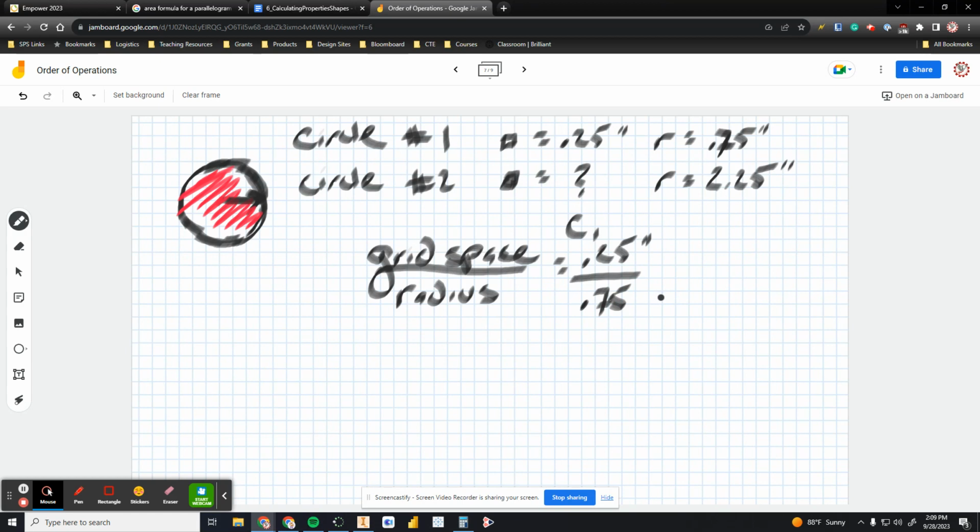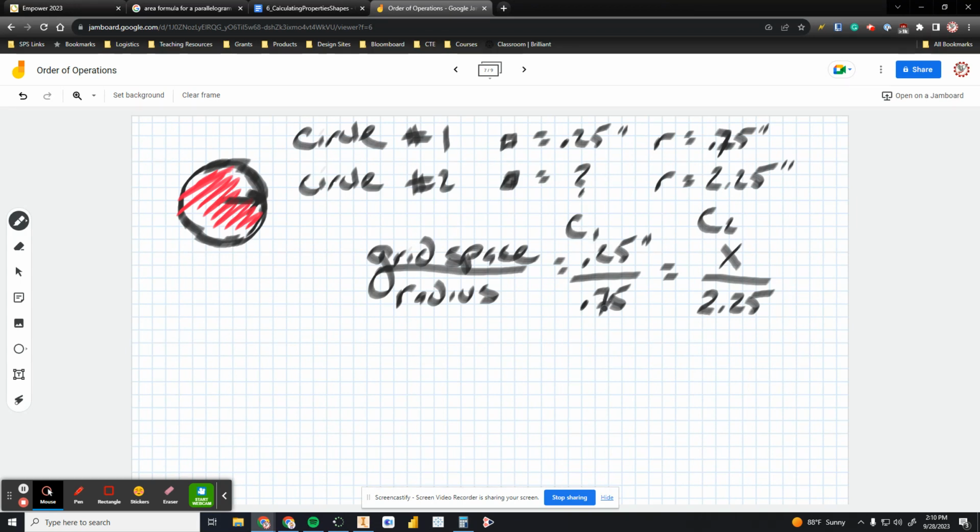Okay, and then for circle 2, we have a radius of 2.25 inches, and our grid space, we have a question mark here. This is our unknown, so I'm going to put X in there. So we know what grid space was equal to for circle 1 because this was given.